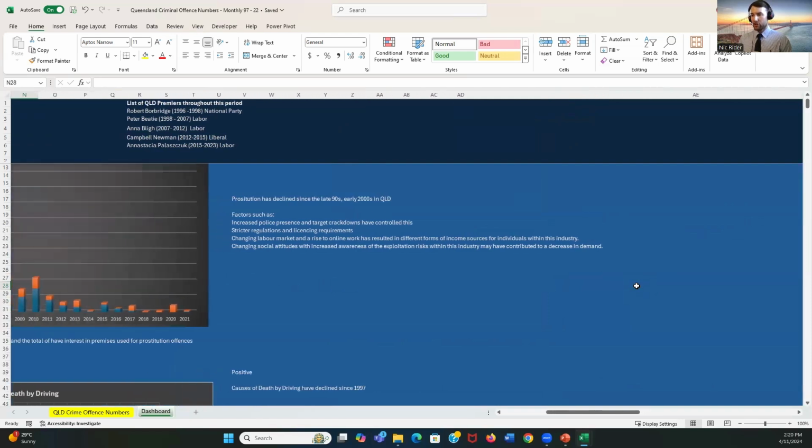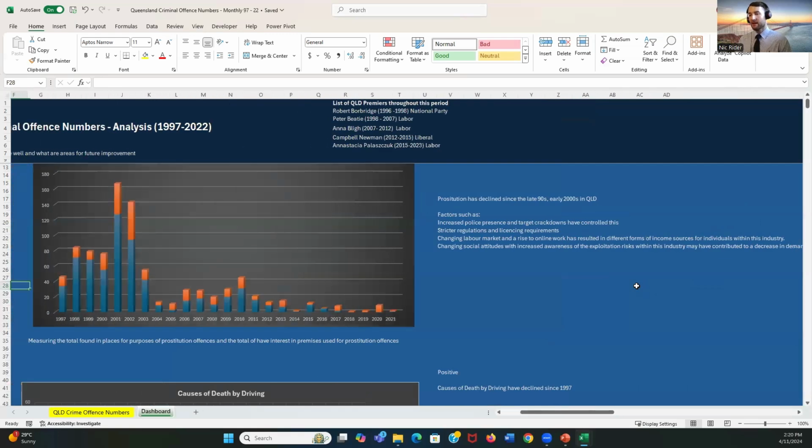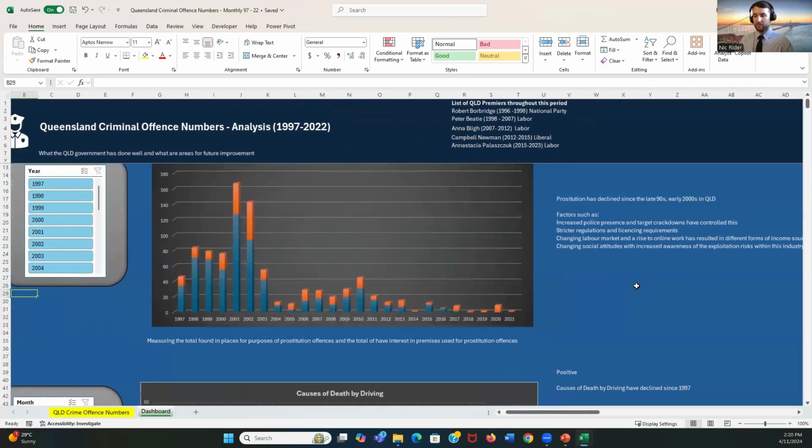And the changing social attitudes, with increased awareness of the exploitation risks within this industry, may have contributed to a decrease in demand. It's just the social-based attitude towards diversity and inclusion and ensuring that more women have roles in the workplace.